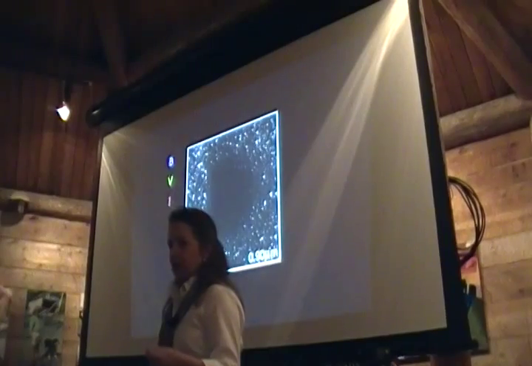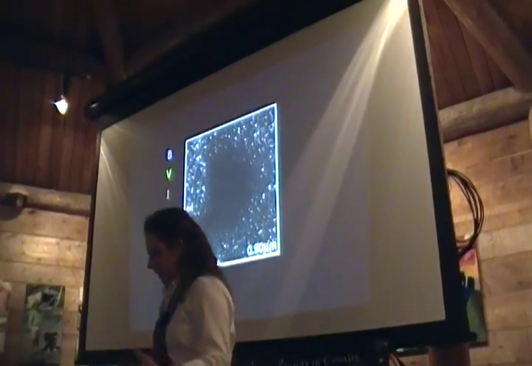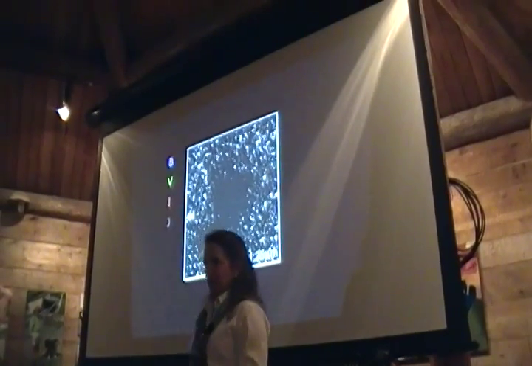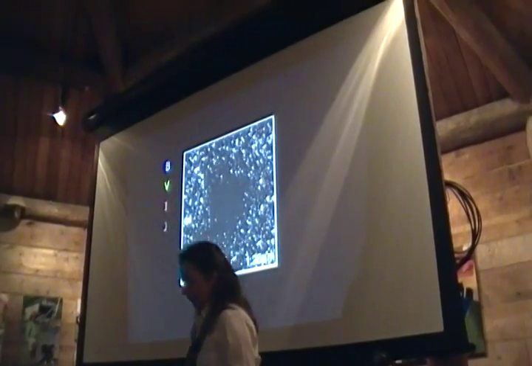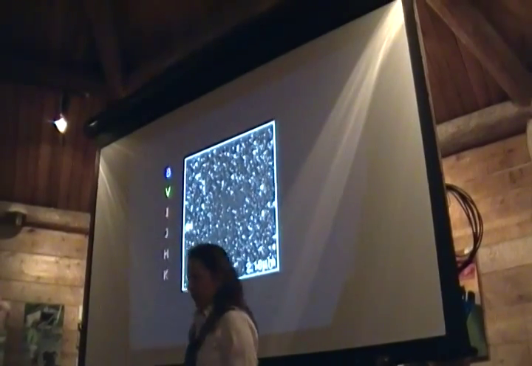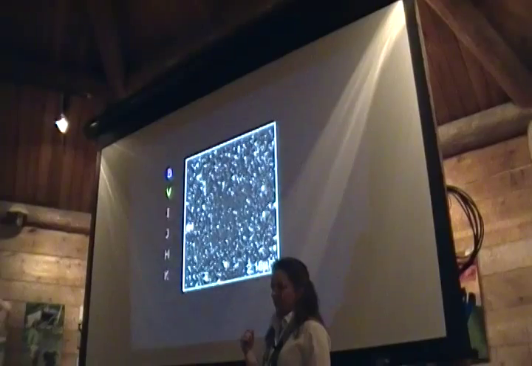And as you go to longer and longer wavelengths, say into the infrared, now you can see tons of background stars, and at even longer wavelengths, you pretty much can't even tell that the cloud is there.